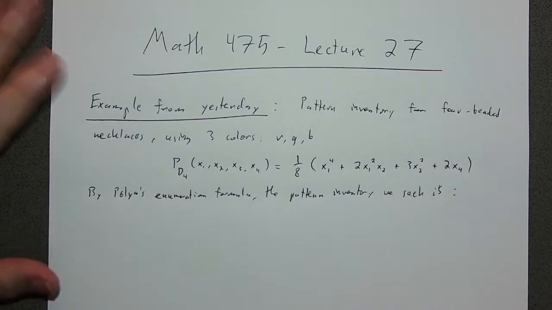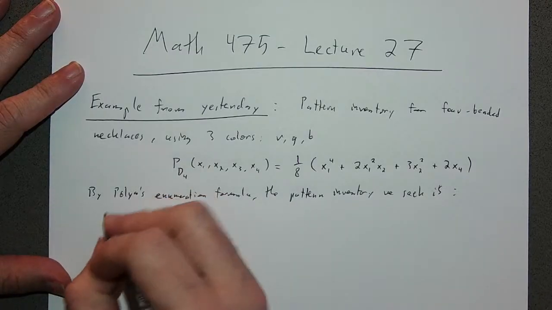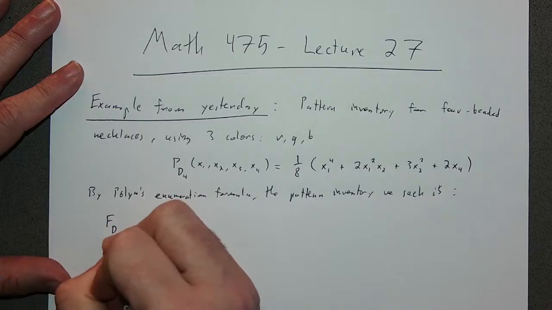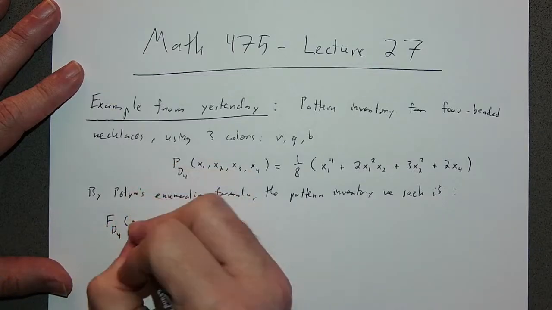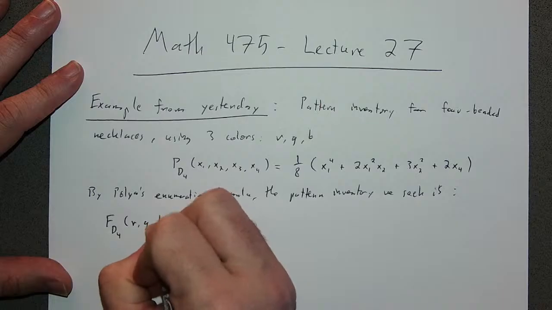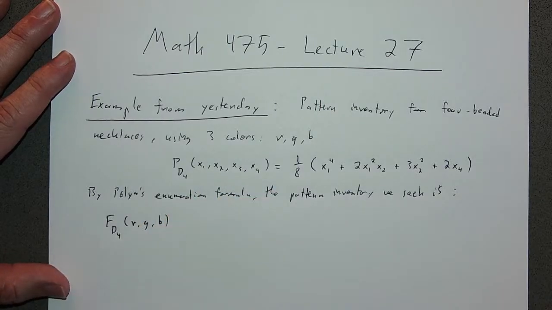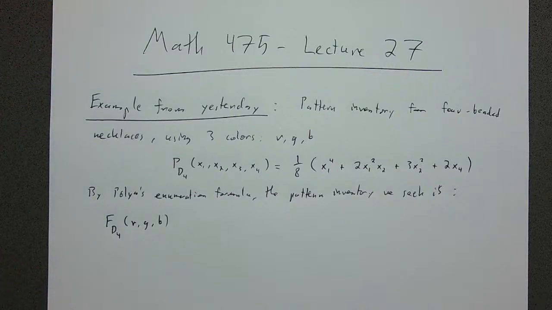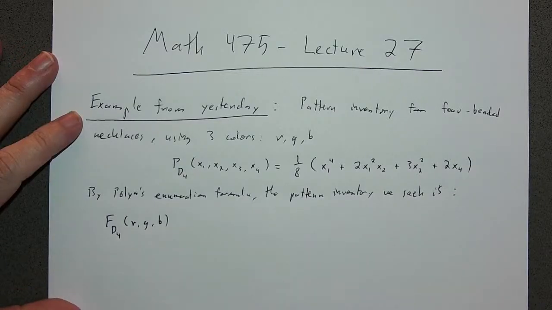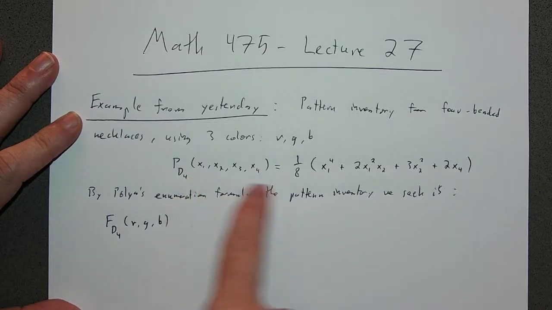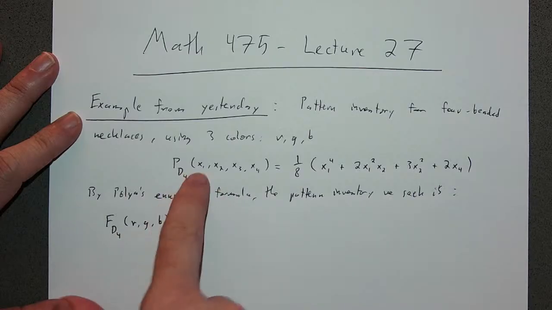This is the pattern inventory for 4 beaded necklaces, discounting this dihedral group on 4 vertices, the symmetries coming from that. So these are rotational and reflection symmetries using 3 colors, red, green, and blue. By Polya's enumeration formula, this is computed by plugging the sums of the corresponding powers of R, G, and B into these slots.